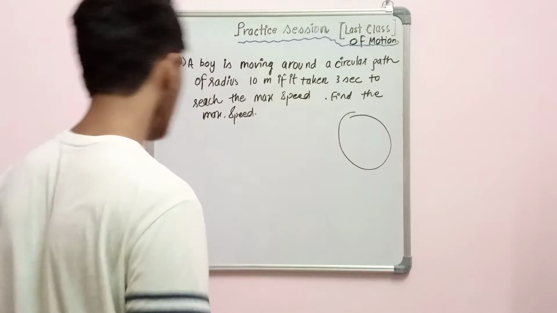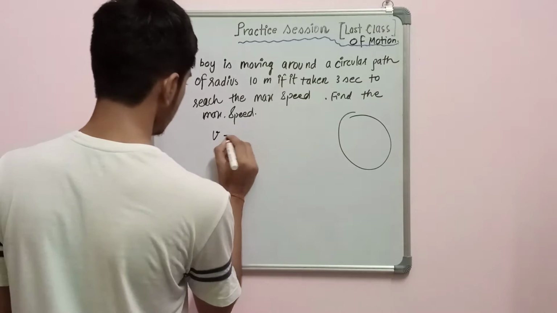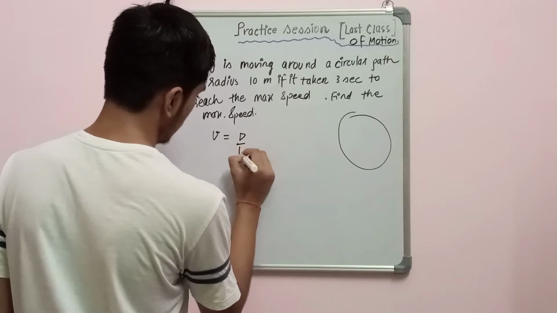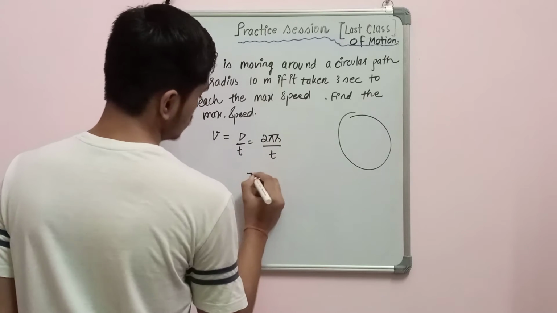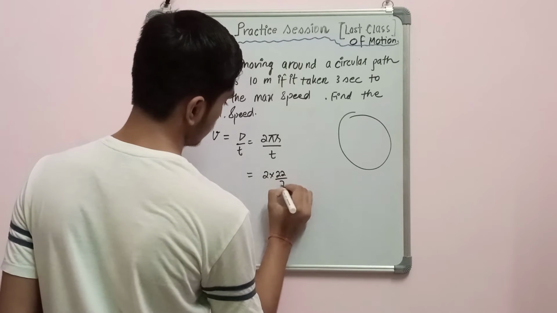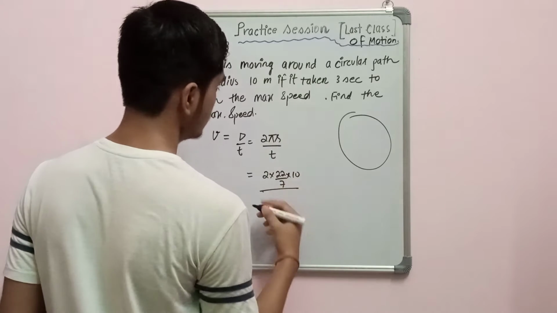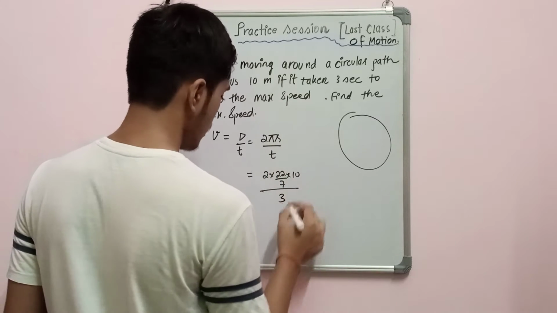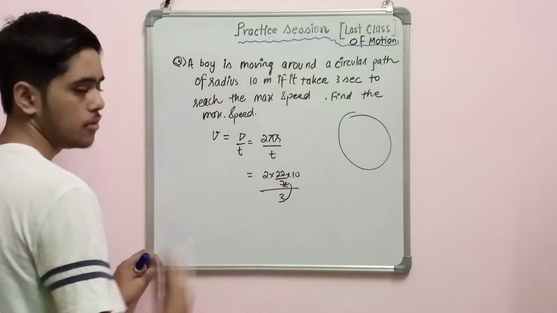Now let us say that v is the speed. So v is equal to d by t. Distance is equal to 2 pi r upon t. So 2 into 22 upon 7 into r, which is 10, upon t, which is 3. This 3 goes below, because 22 upon 7 is divided by 3.